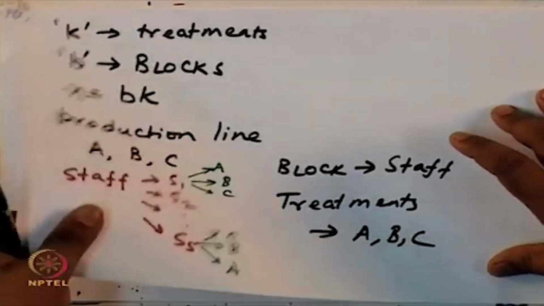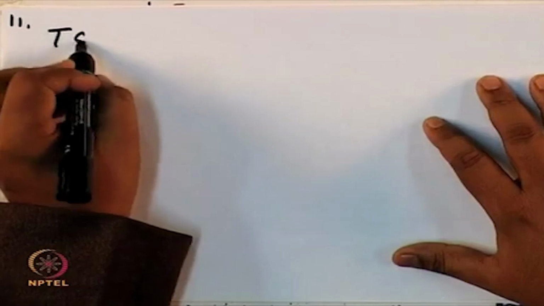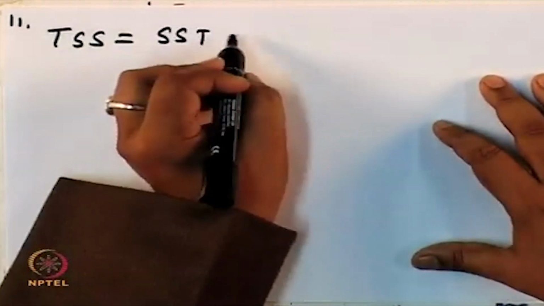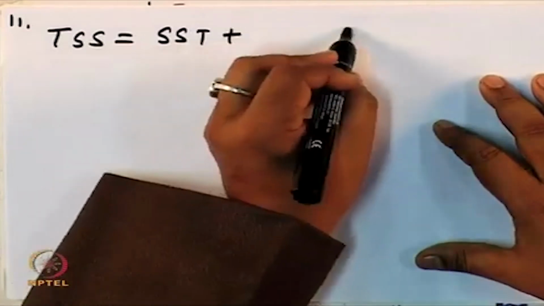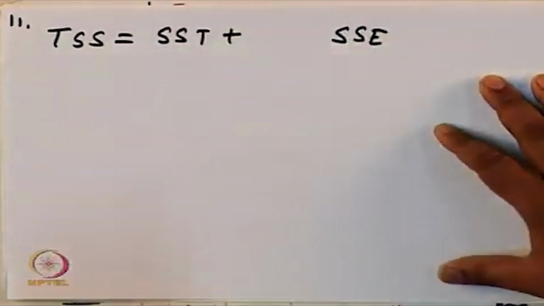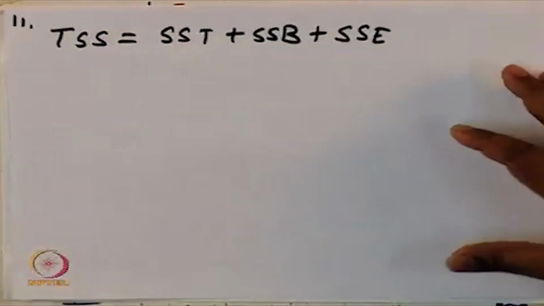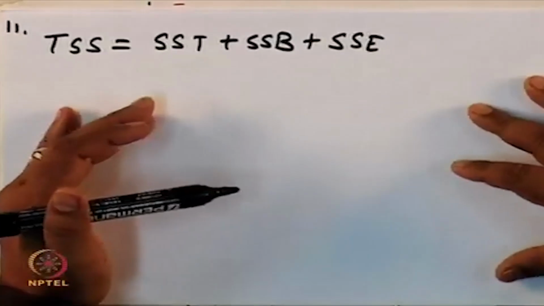So, in this approach, earlier you would write TSS equal to SST plus SSE, but here we have one more term which is SSB, sum of squares of blocks.